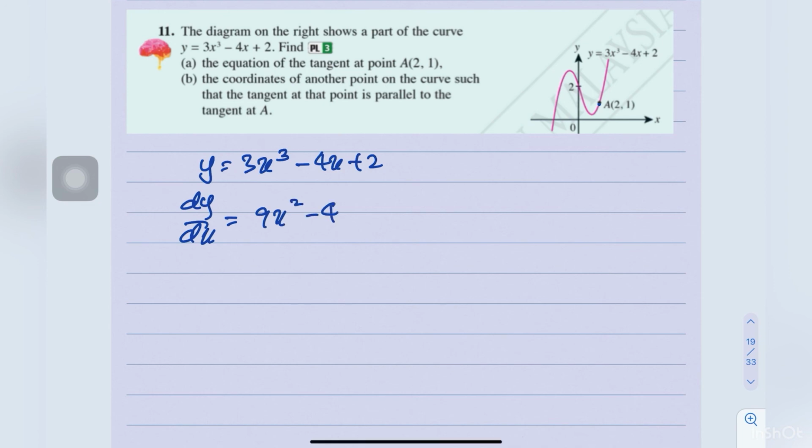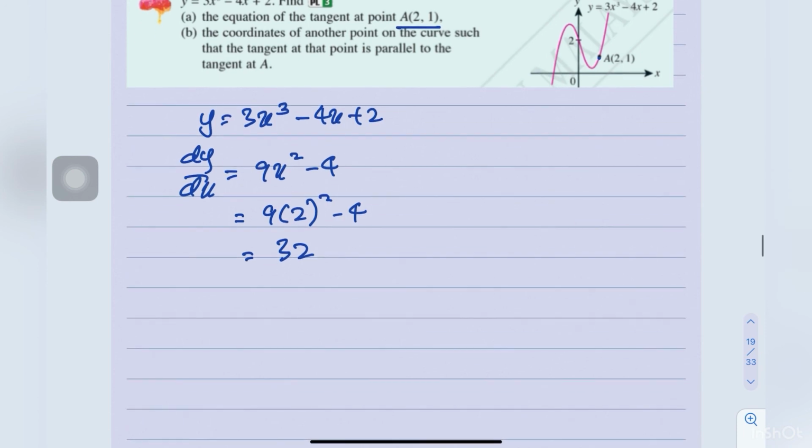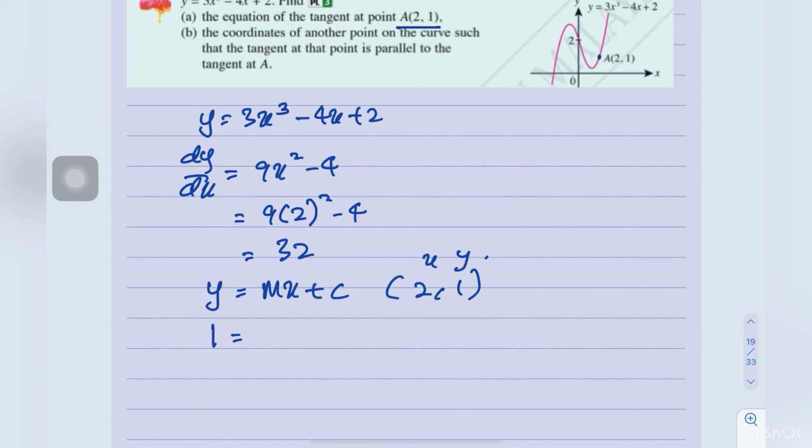Okay, so at point (2, 1), substitute x equals 2: 9 times 2 squared minus 4, which equals 36 minus 4, so 32. So this is the gradient of the tangent. Then substitute into y equals mx plus c: y is 1, m is 32, x is 2, plus c.